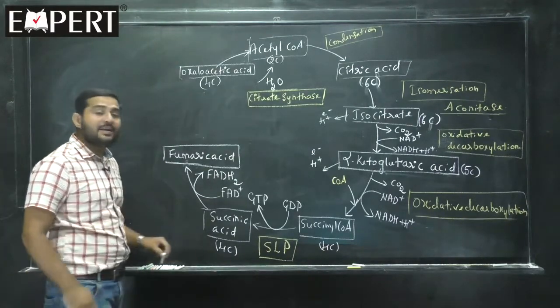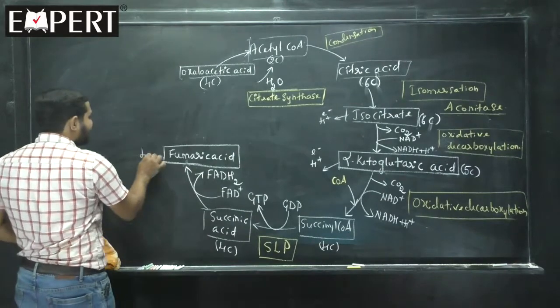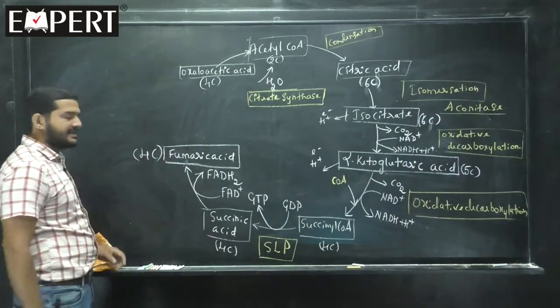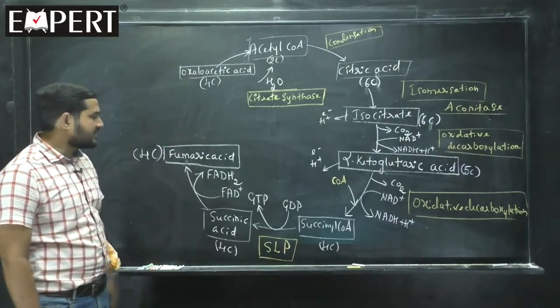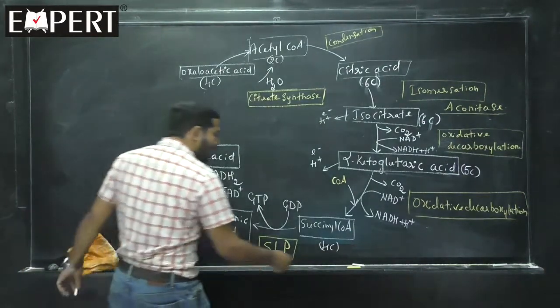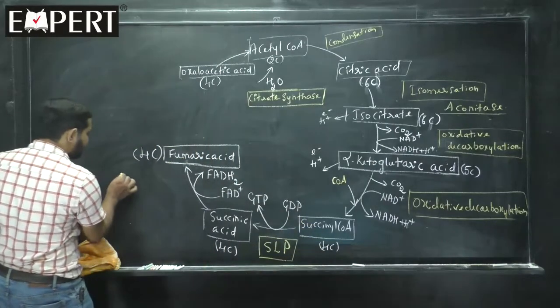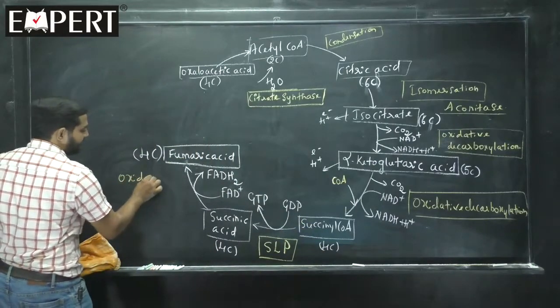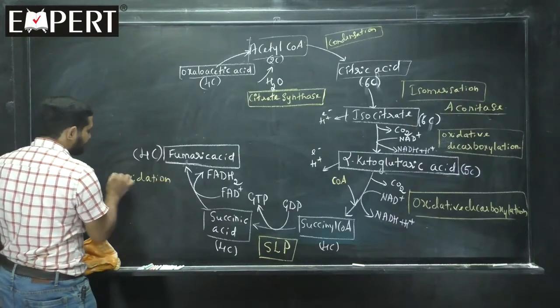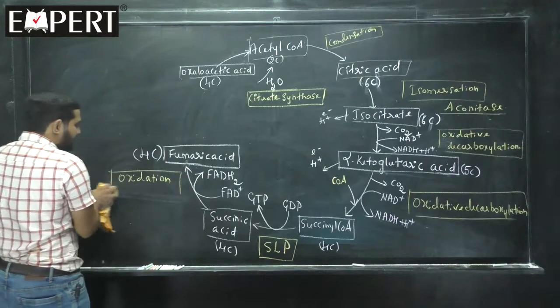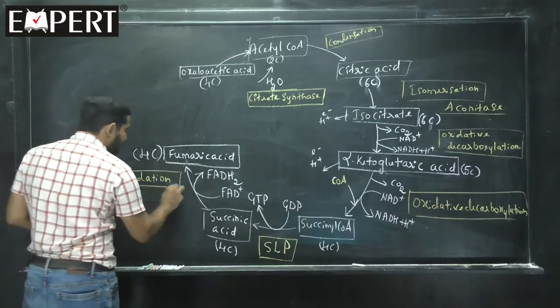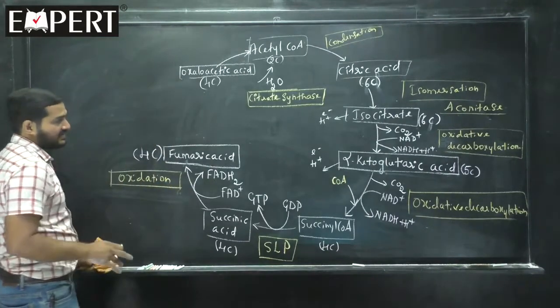Fumaric acid has how many carbons? Please tell me. Fumaric acid has 4 carbons. Succinic acid to fumaric acid, FADH2 has been formed. Tell me, what is this event? It's an oxidation step. When I wrote the first step, I wrote the enzyme name citrate synthase.